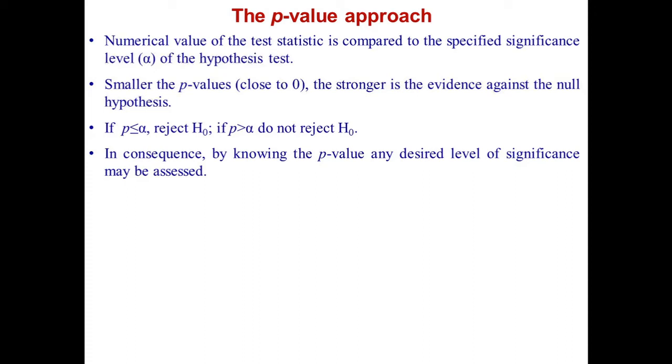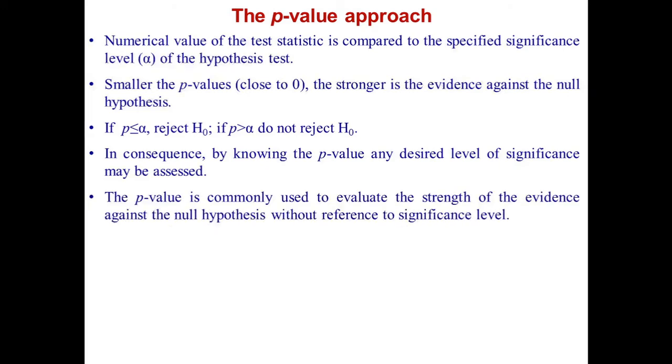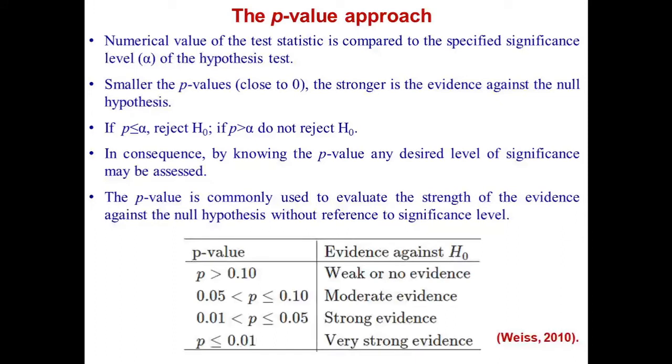It is not rejected at any significance level smaller than 0.01. Thus, the p-value is commonly used to evaluate the strength of the evidence against the null hypothesis without reference to significance level. The following table provides basic guidelines for using the p-value to assess the evidence against the null hypothesis.